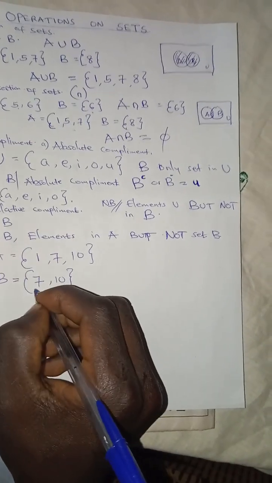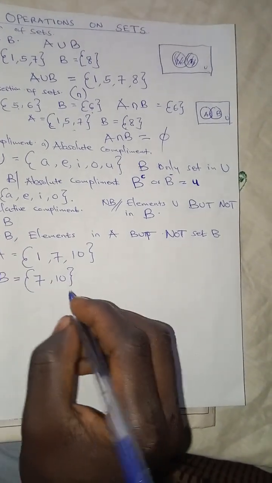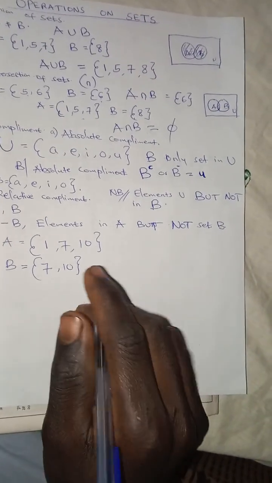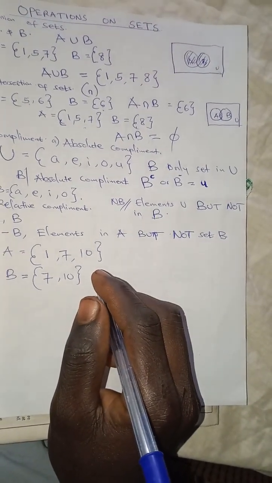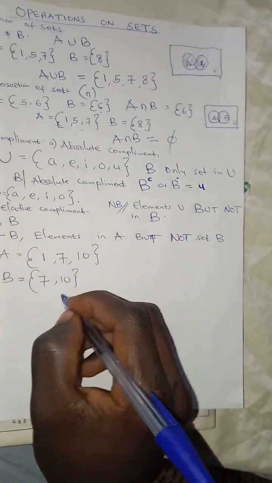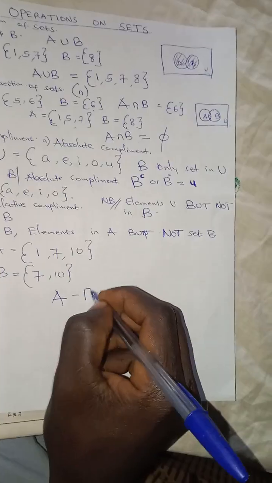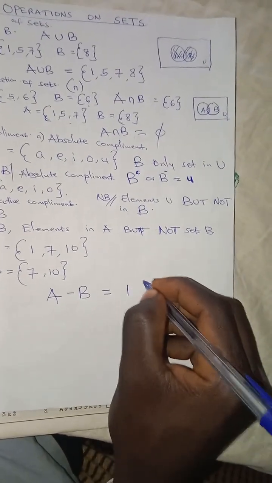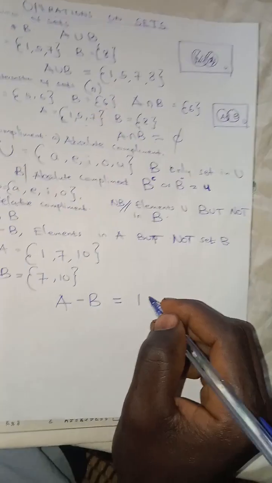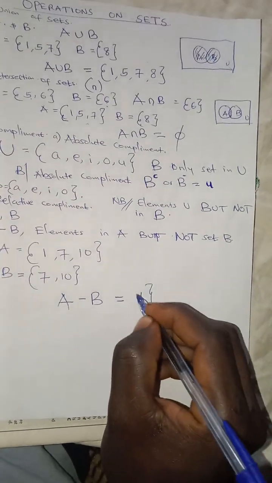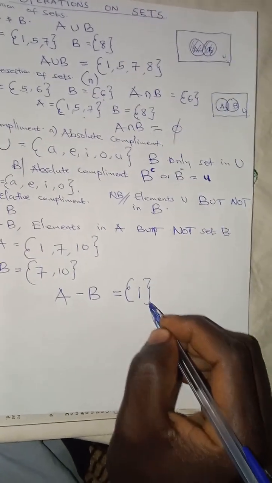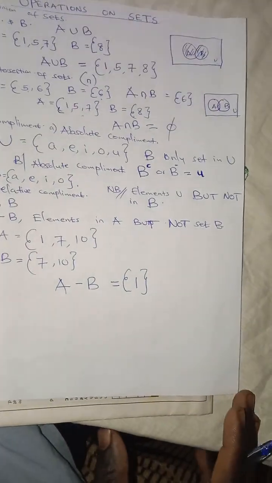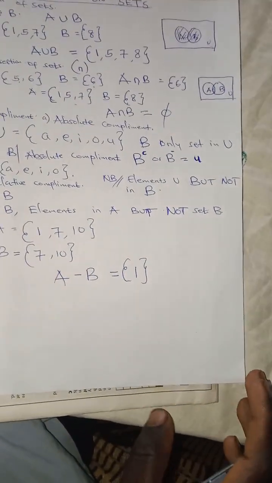The relative complement of A, denoted as A minus B, equals 1. Then remember, if you write 1 without having it encased within the curved brackets, then you will still score 0 in your exam or in your assignment.